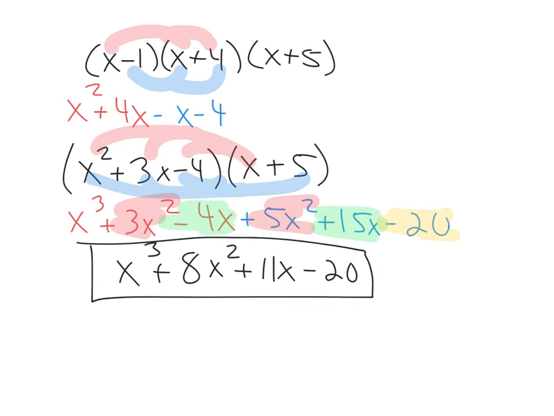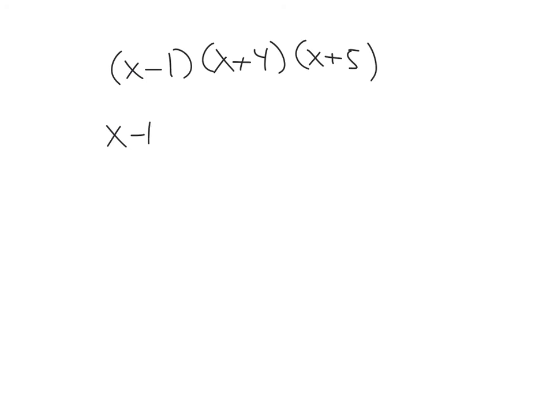Now you could do the same process vertically as well, okay? You would just do it in stages, and you would do individual multiplications, right? So just to remind you of these binomials, you'd have x minus 1 times x plus 4.